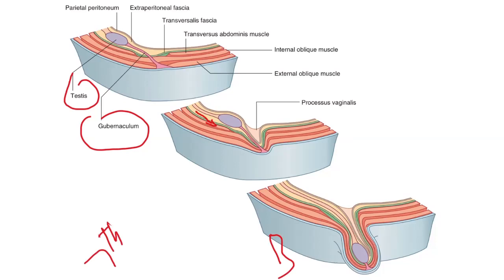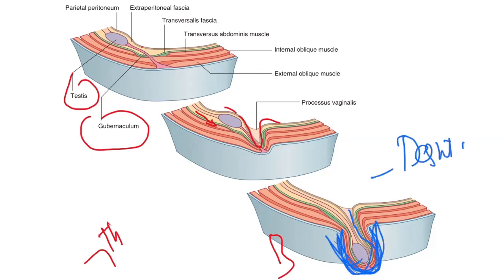At first it is okay, but then these muscle layers form the processus vaginalis, right? All of them descend together. Here happens the descent of the testis.